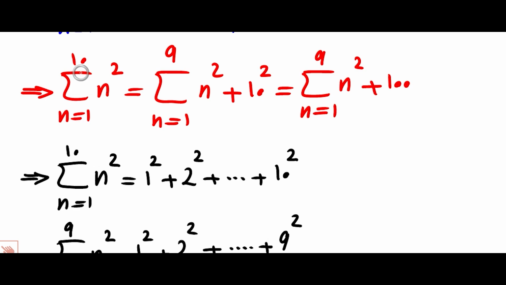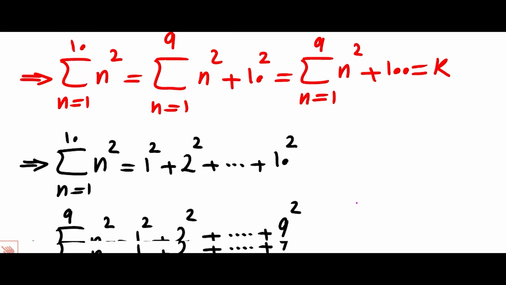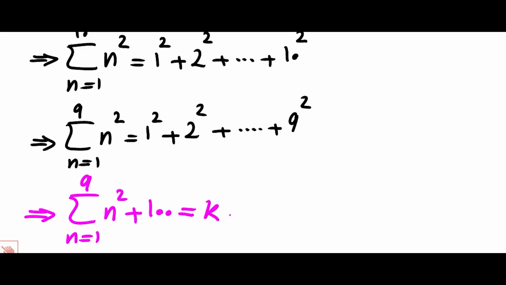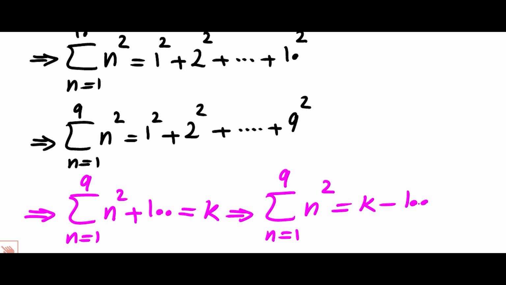And as you know, the sum of n squared from n equals 1 to 10 equals k. So the sum of n squared from n equals 1 to 9, plus 100, is k. So the sum of n squared from n equals 1 to 9 equals k minus 100.